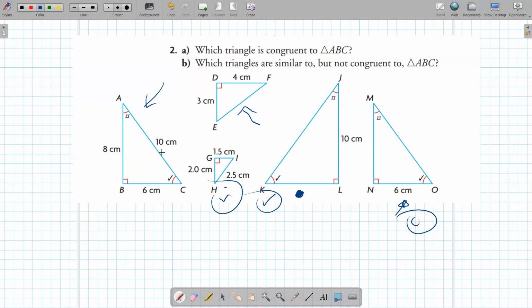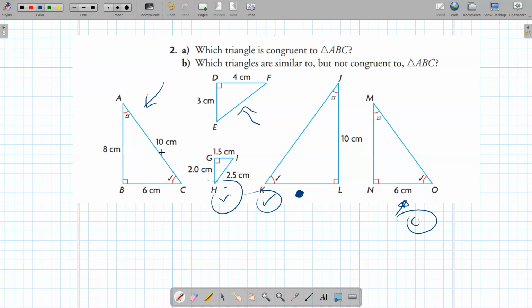What do you think? Yes. How do you know? Because the scale factor is the same, right?